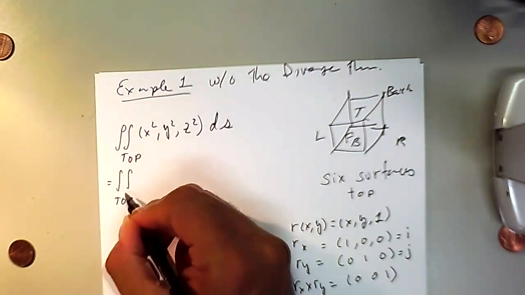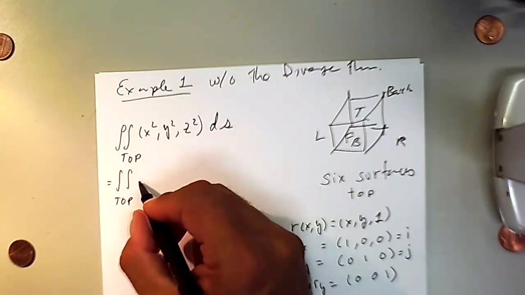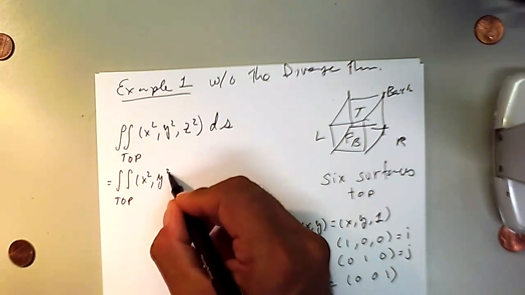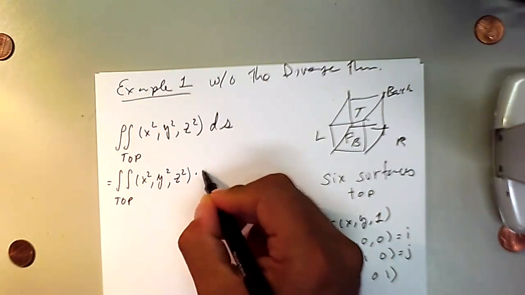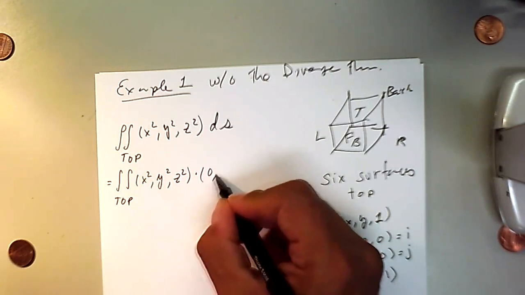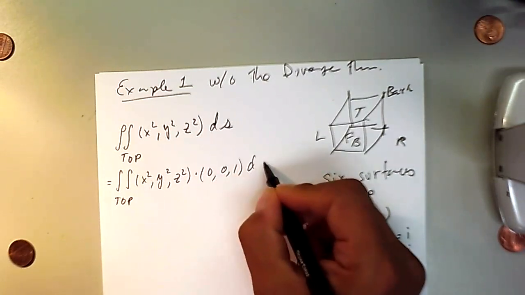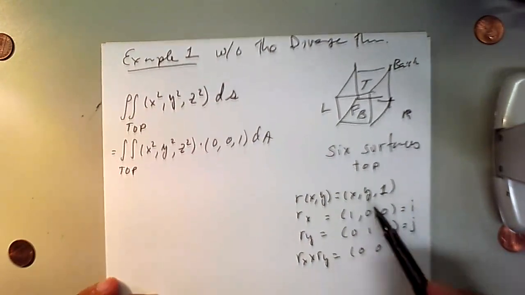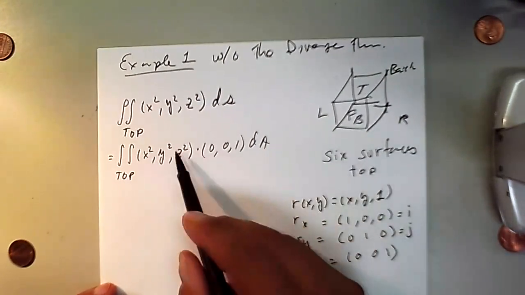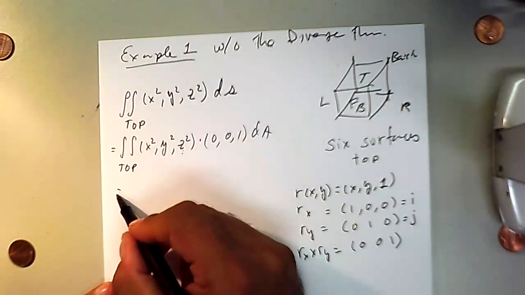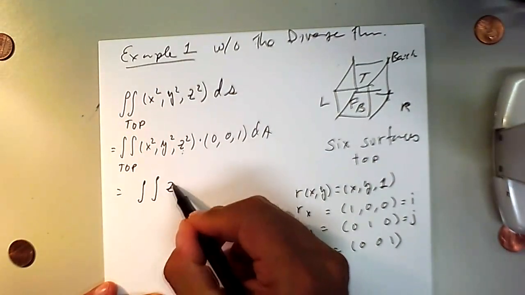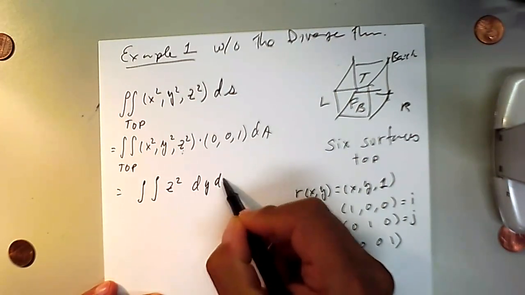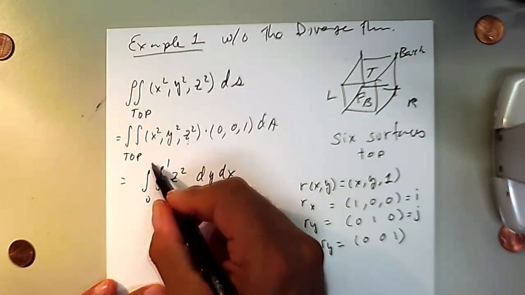So that means when we do the dot product, it's still the top, although we could have gone from 0 to 1 already. We're going to do x squared, y squared, z squared, multiplied with 0, 0, 1 with respect to the area. x is going to go from 0 to 1, and so is y. But we're going to end up with just the double integral of z squared dy dx. It doesn't matter which one first because we're going from 0 to 1.